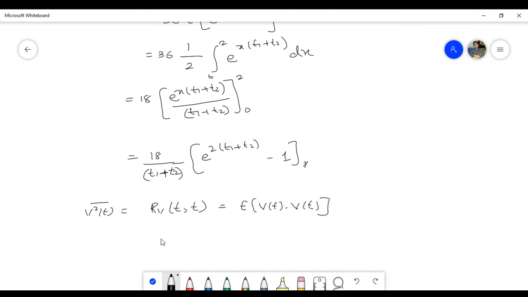The same thing. So here we'll write the expected value of 6e^(xt) into 6e^(xt). So it will be 6 into 6, 36, times the expected value of e^(2xt), right?